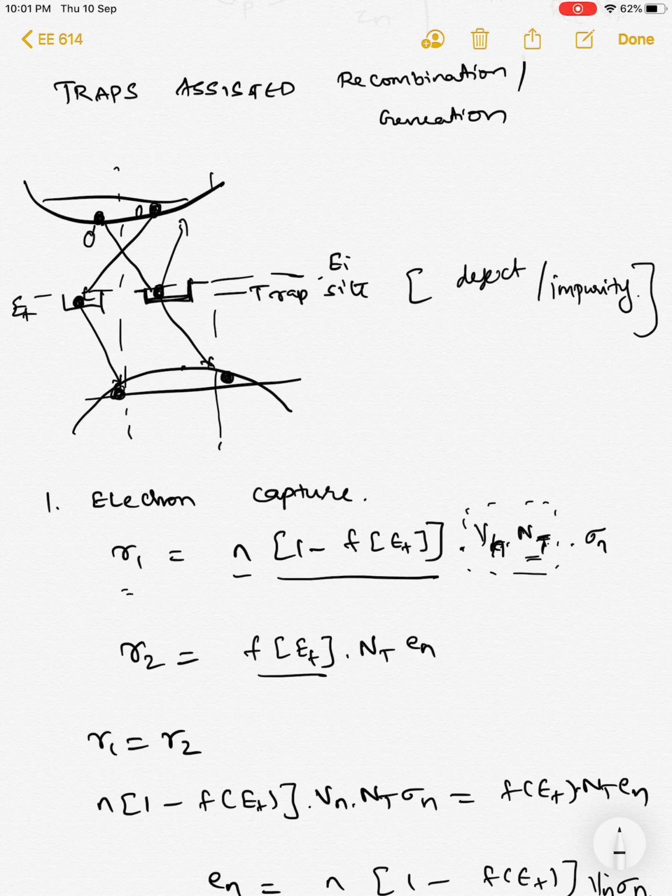So if Et is here very close to the conduction band, Et minus Ei is so large that the electron gets emitted back from the trapping site as soon as it gets trapped. That is, the electron stays longer in the trap site, and the emission efficiency from the trap site to the conduction band is lower, if Et minus Ei is very small, and that's what we mean by this sigma n, right?